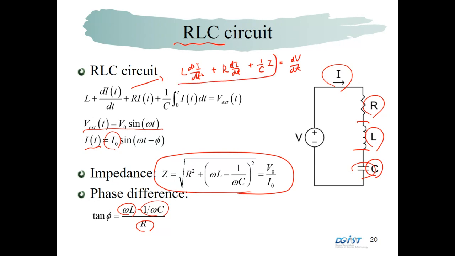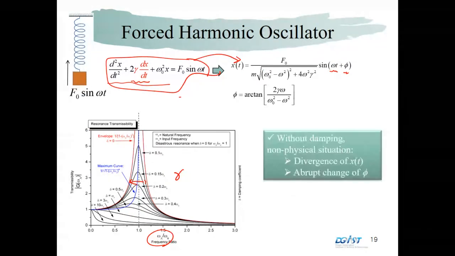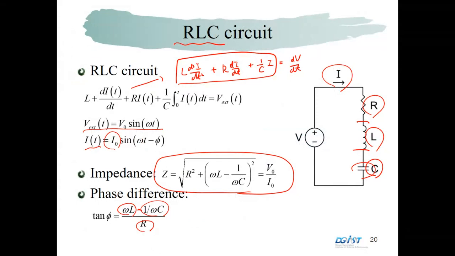And this second order differential equation is mathematically exactly the same as this one. So this first harmonic oscillator and the RLC circuit are physically equivalent.